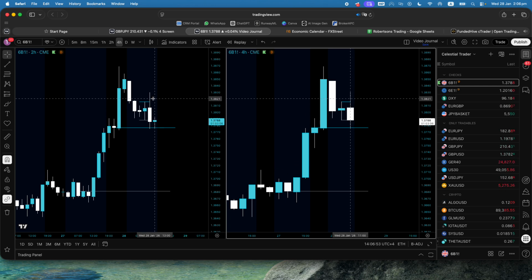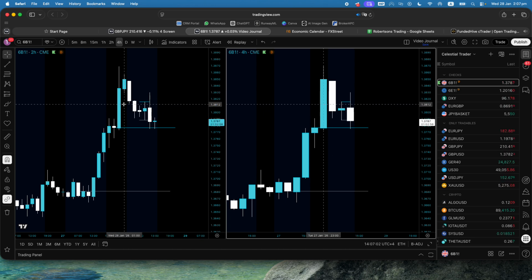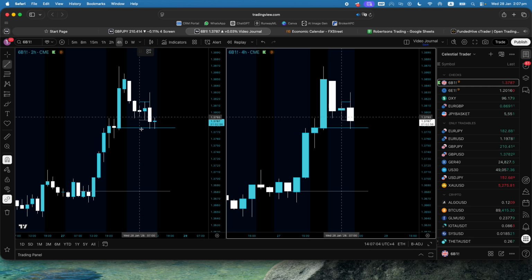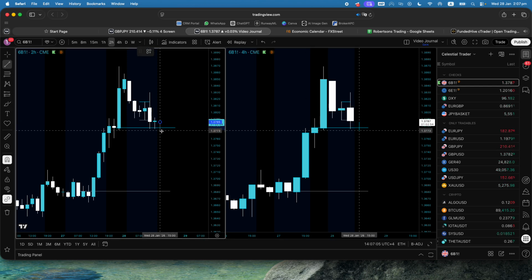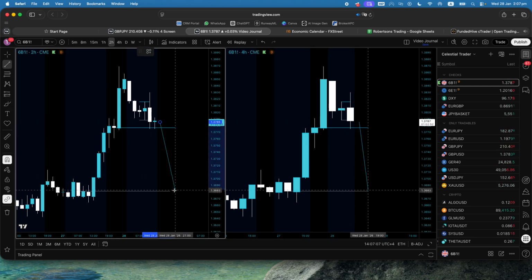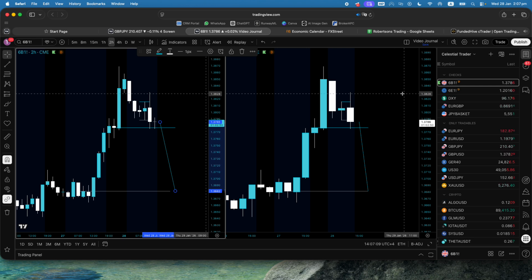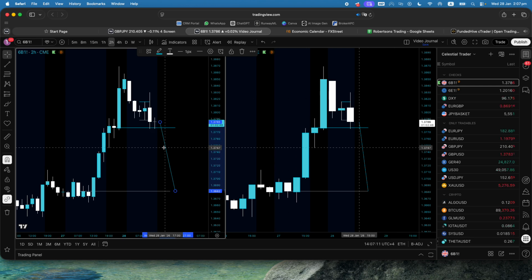As we move to the left hand side on this 2-hour candle, we have the same thing. The previous candle tried to break higher, failed, and broke the low. So the next move that we would potentially expect here is to see this market continue to break lower, and we have a lot of room to the downside as well. Because we've got a lot of room to the downside, that can support our decision.